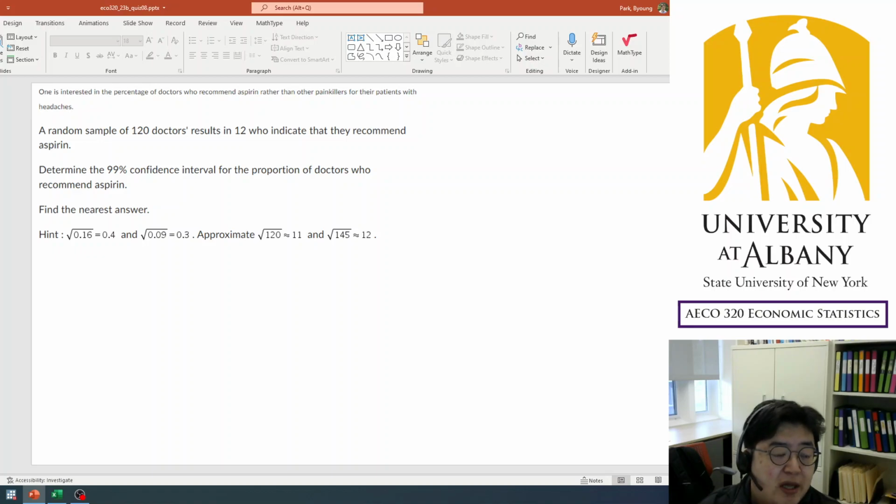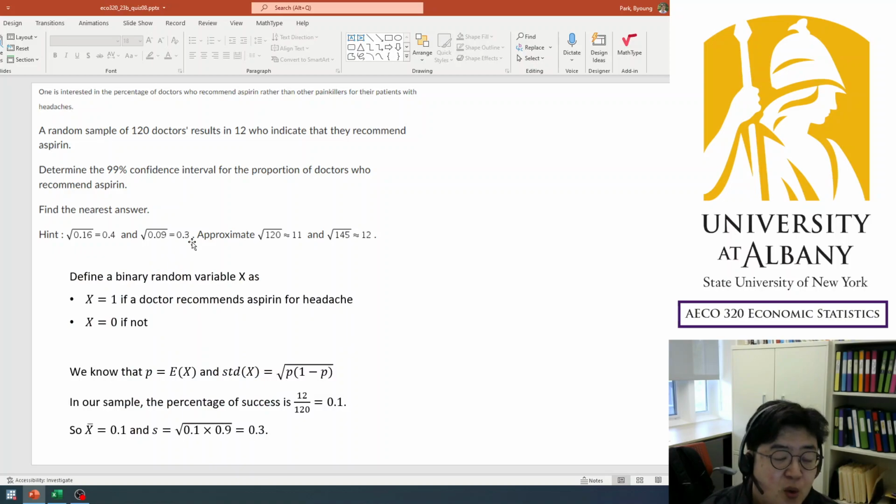Anyhow, what is new here is its binary structure. We have to think about the underlying variable as a binary distribution. So I will denote x equals 1 if a randomly chosen doctor recommends aspirin for headache, and 0 if not. So success is if you happen to meet a doctor who recommends aspirin.